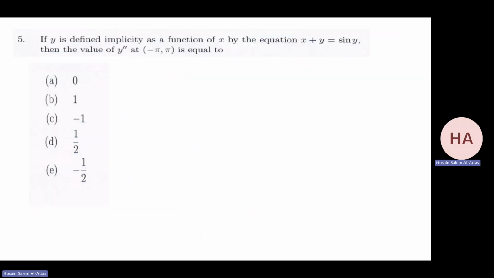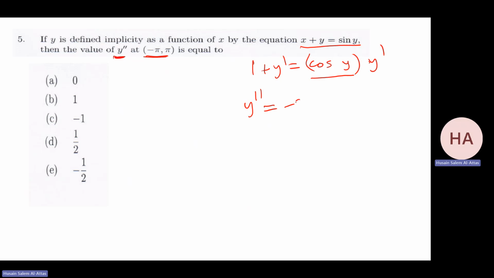We'll do the same. Differentiate this implicit function, find y double prime at this point. Differentiate: 1 plus y prime equals cosine y times y prime. Differentiate again. So I have y double prime, which is what I'm looking for, equals what?